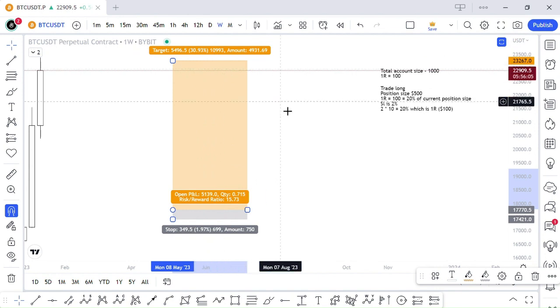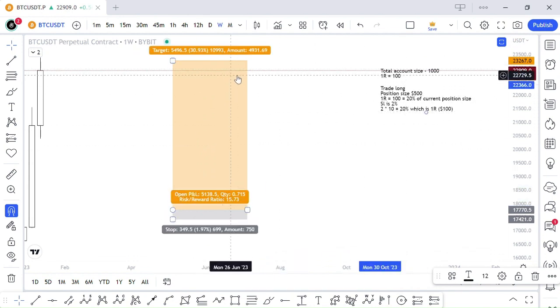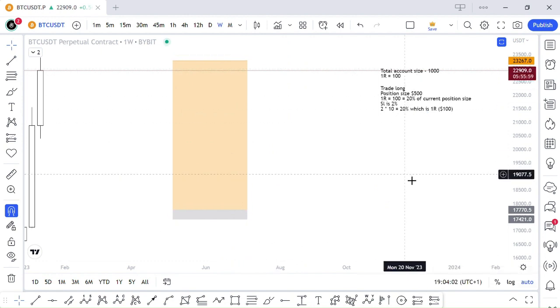So what does that mean? I can make 300%, but at max I can lose $100.